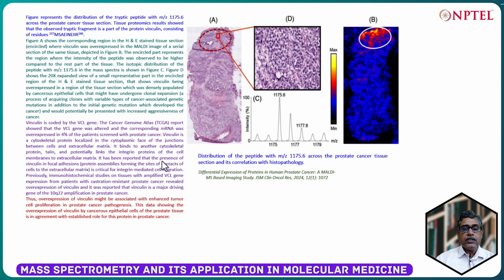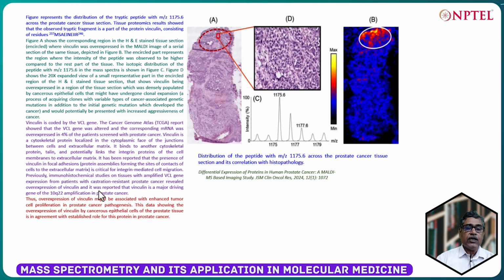So, it has been reported that the presence of vinculin in focal adhesions, that is, protein assemblies forming the site of contact of cells with the extracellular matrix, is critical for integrin mediated cell migration.